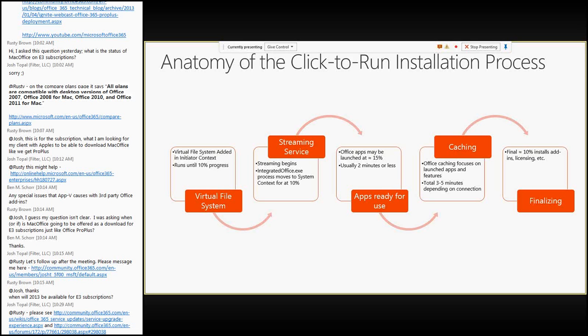At about 15%, again, the apps can be launched. It's usually 2 minutes or less before the apps are usable, even from the internet, even from a fairly slow internet connection. 6 megabit per second is where we test at to be under that 2 minute or less first app launch timing. After that, caching happens for the rest of Office after it's basically launchable. So we typically cache for, let's say, 3 to 5 total minutes end to end from kicking off the install to being fully cached, depending on network connectivity as well.